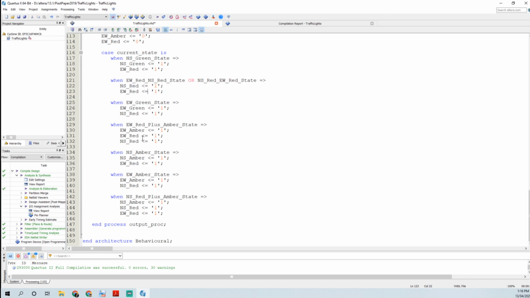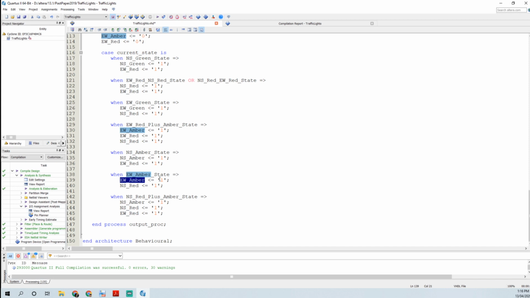When I'm in east-west red plus amber, east-west red and amber have to be high, because it signifies that I'm going to go to the green. And because I'm going to be turning green, my north-south red has to be high. When I'm in north-south amber or east-west amber, that implies that I'm going from green to amber to red, which means that north-south amber is going to be high and east-west red is going to be high.